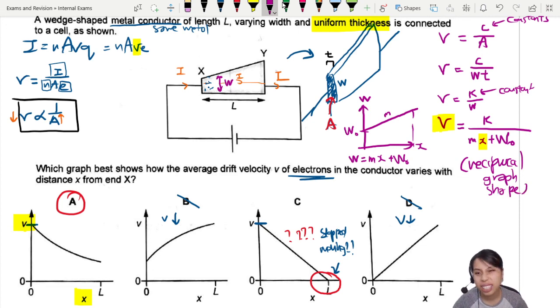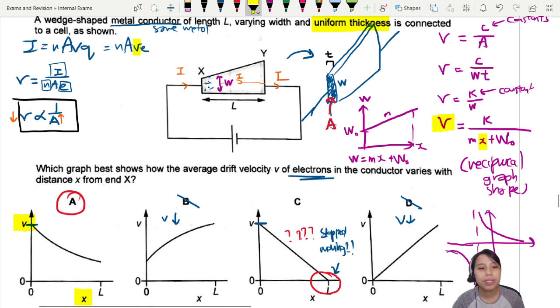It's not a straight line. It's 1 over something, which looks something like this, plus W naught, so like this. That's how the full graph would look if you plot it out. But we just look at this part, which is right here.